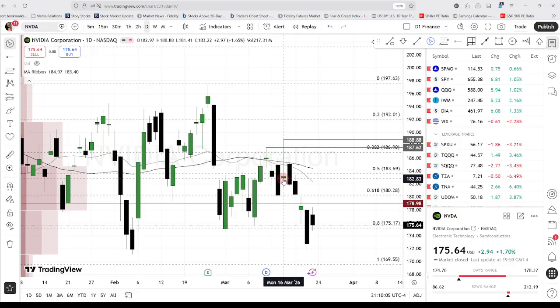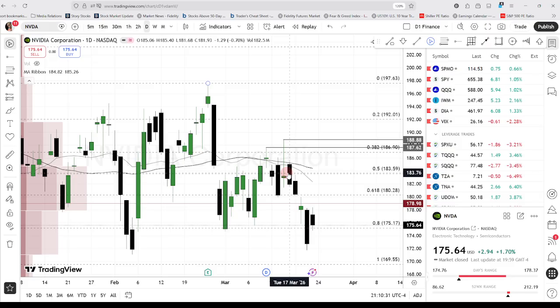So the actual center of gravity for that candle, the pivot point for that candle, is 184.50. Look at your 20 period moving average at that time: 184.97, and 185.40 is the 50 period moving average.